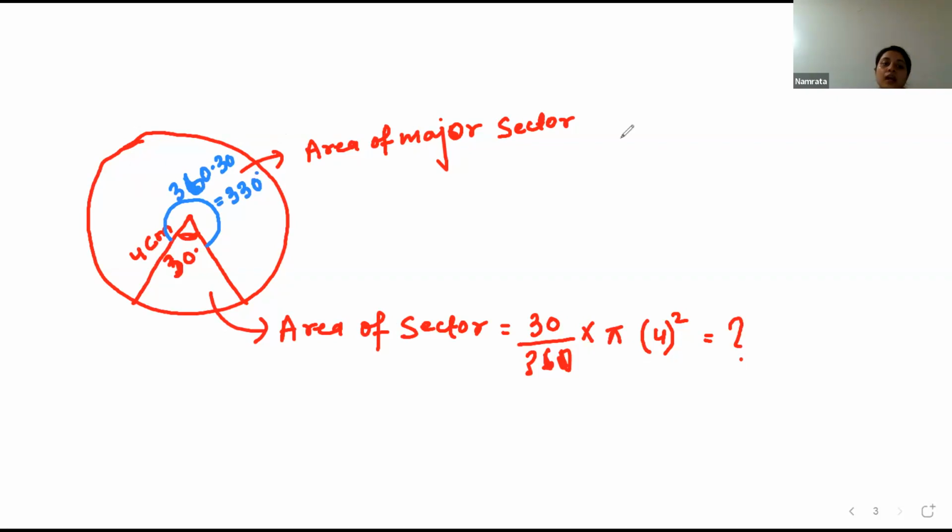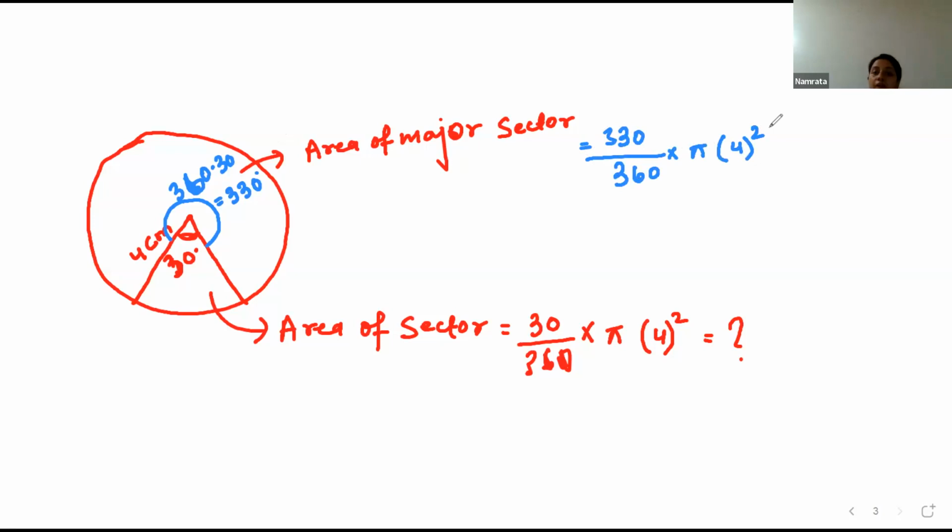And by applying the sector's area formula, angle by 360 into pi r square, R is 4 only, since we are talking about the same circle. From here we will find the area of the major sector.